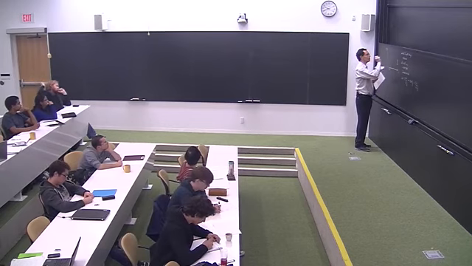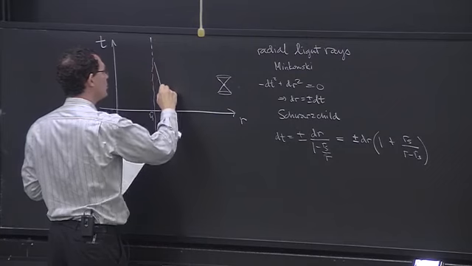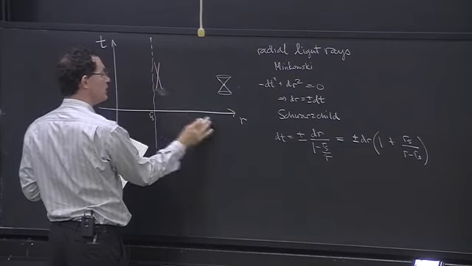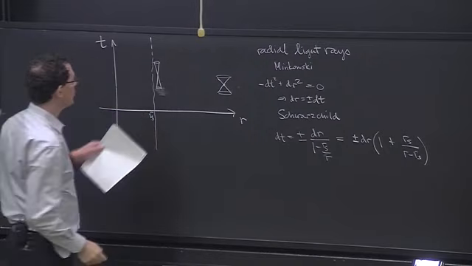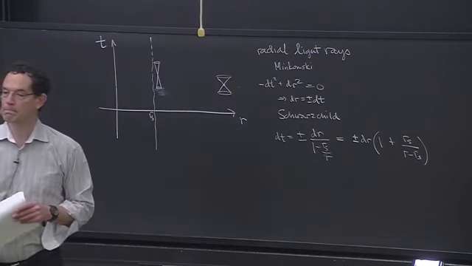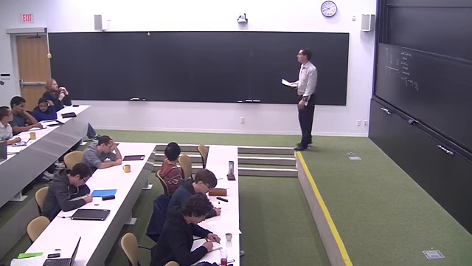Let me just draw the picture, and then you can ask questions. So as I come in, the slope of the light cone in these coordinates steepens and the slope goes to infinity as we hit Rs. So the speed of light in these coordinates goes to infinity.